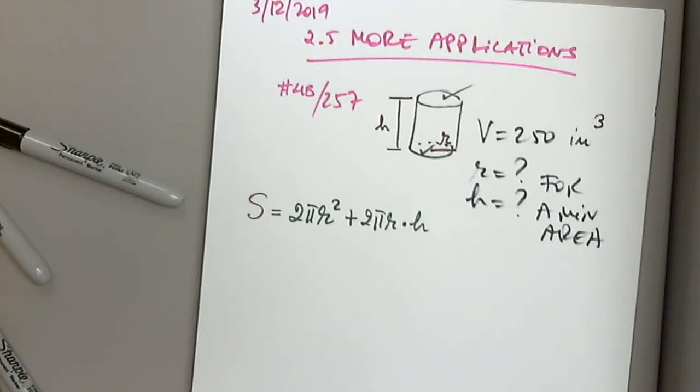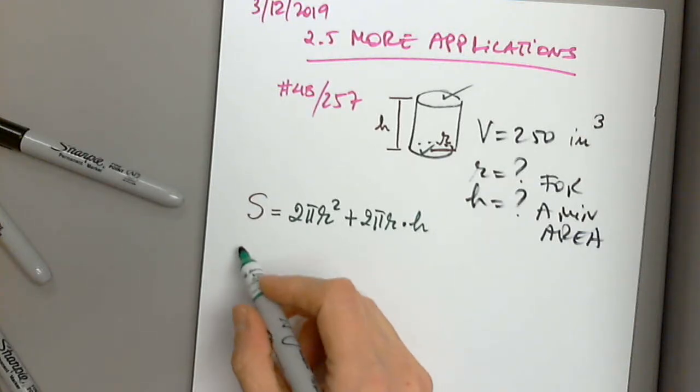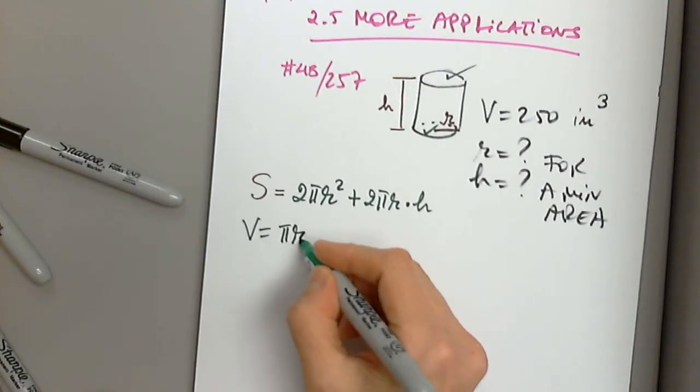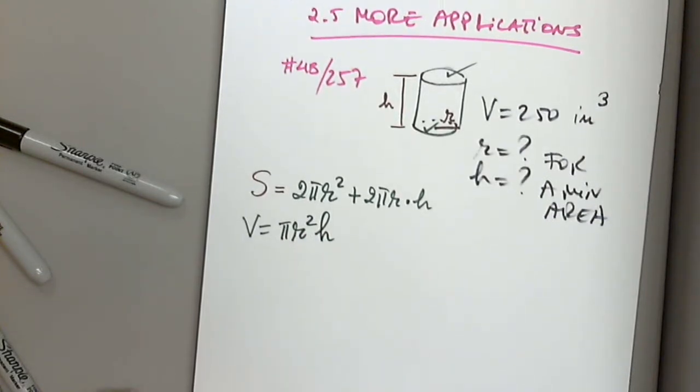So now let's remember the formula for the volume of this. It's like the volume of air in this room: area of the base times the height. So the volume will be the area of the base, pi r squared, times the height.